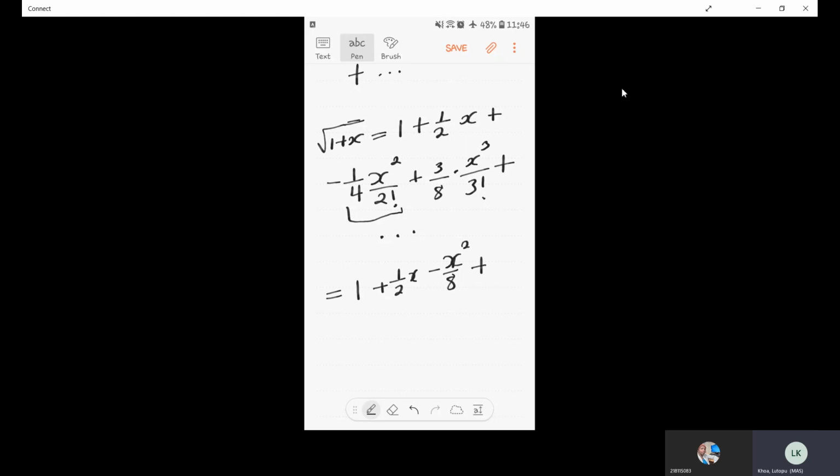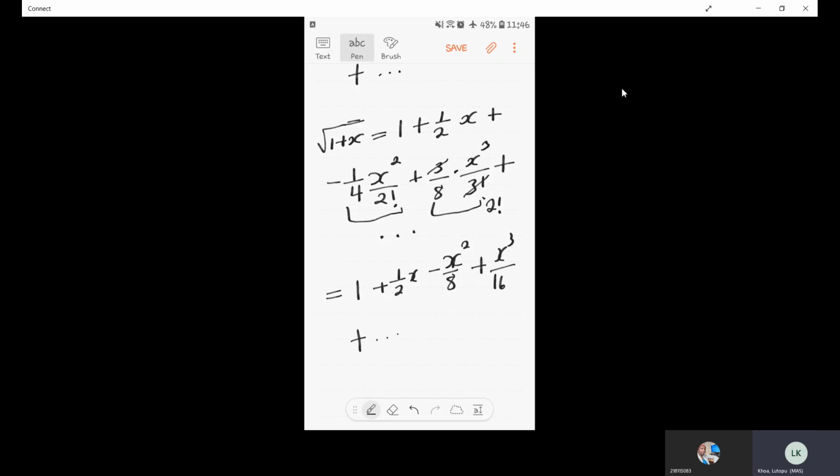And then the next term I have is 3/8 times 1 over 3 factorial. The 3 and the 3 factorial will cancel, I'll be left with 2 factorial. 2 factorial is equal to 2, so I have 8 times 2. So this is 1/16 times x cubed, so this is just x cubed over 16, and then I put my dots there.